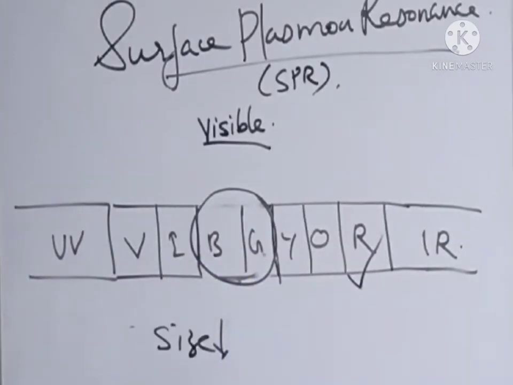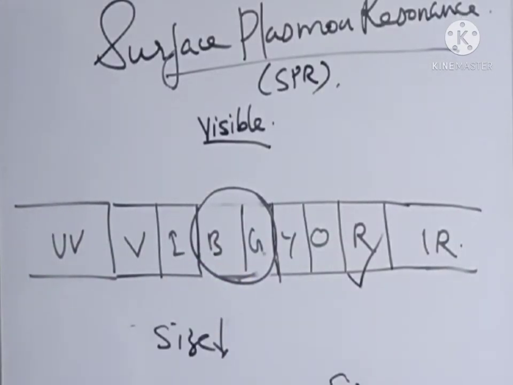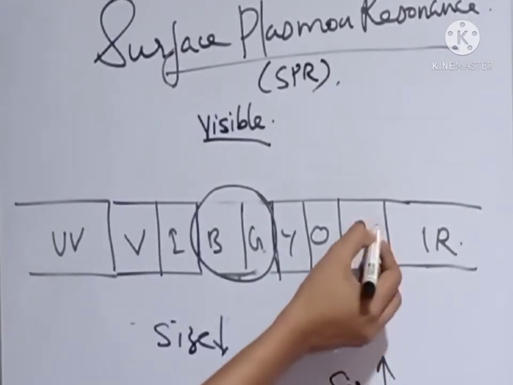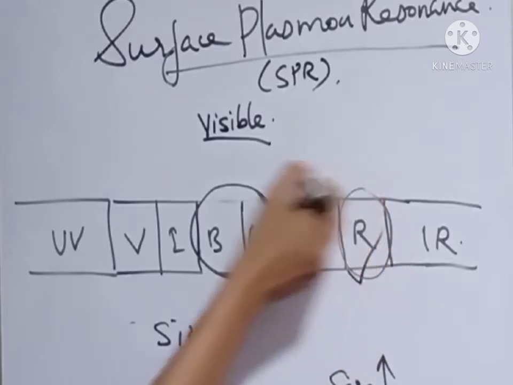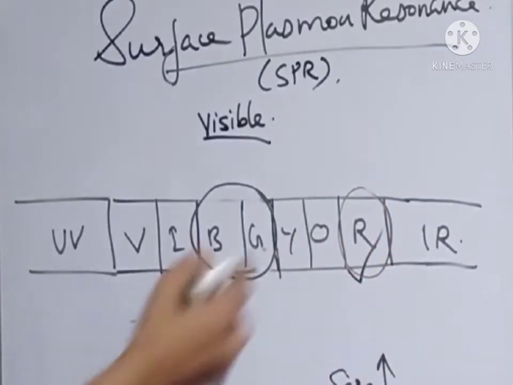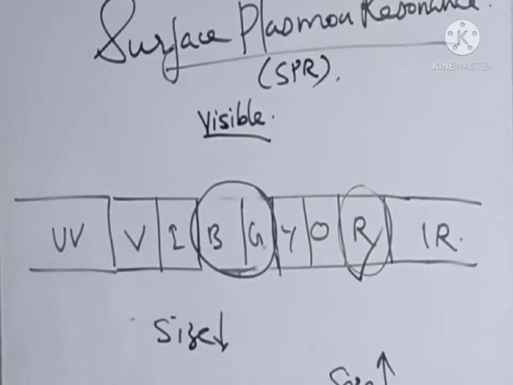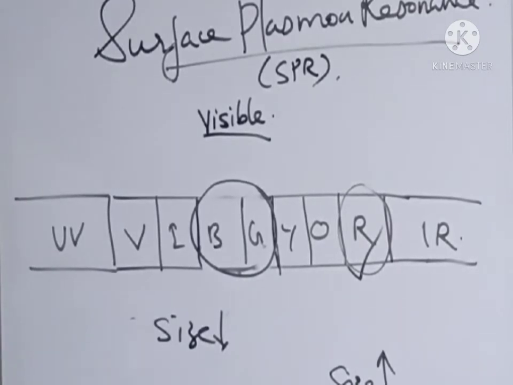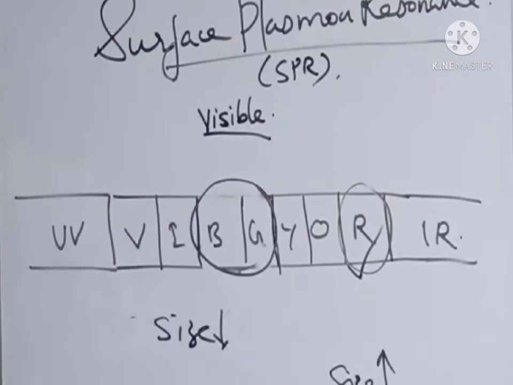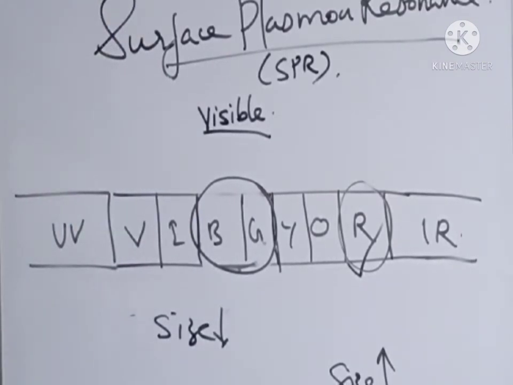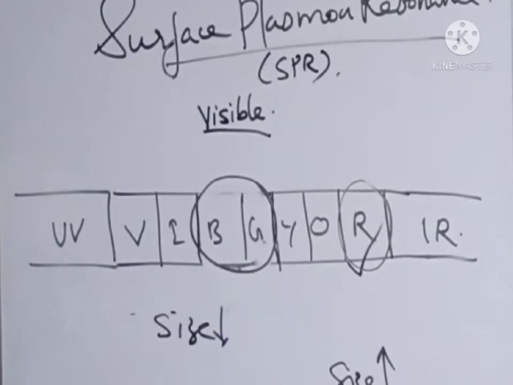But when the size is larger, these particles absorb the higher wavelength region, red, and the reflected light will be blue, light blue or purple. So nanomaterials appear as blue, light blue or purple in color.